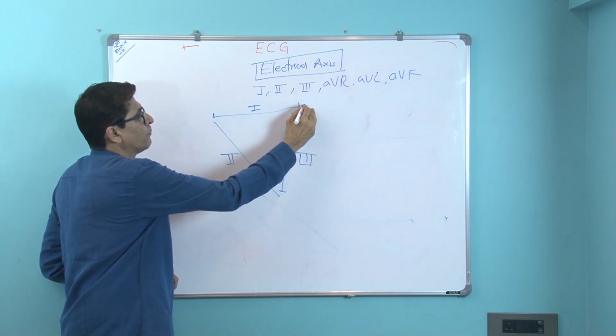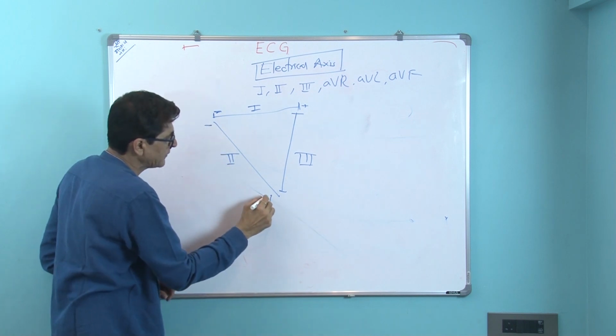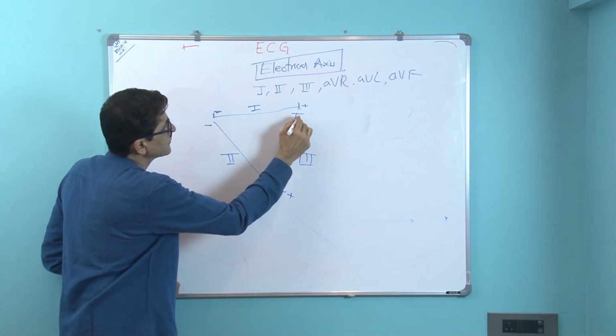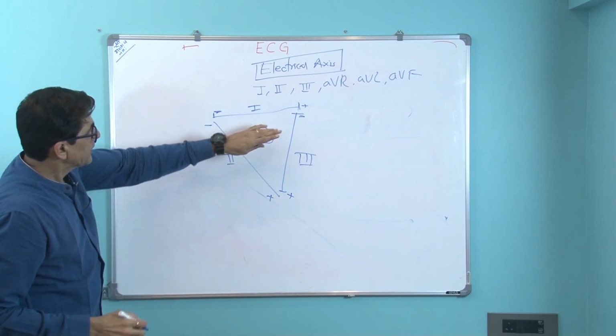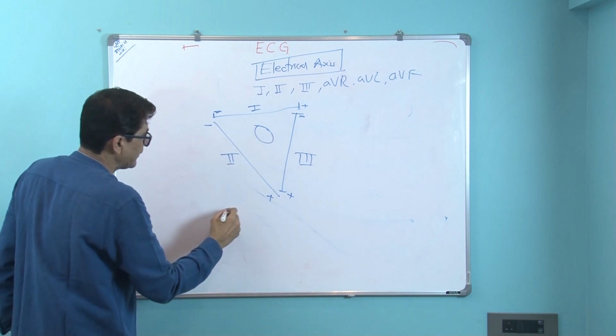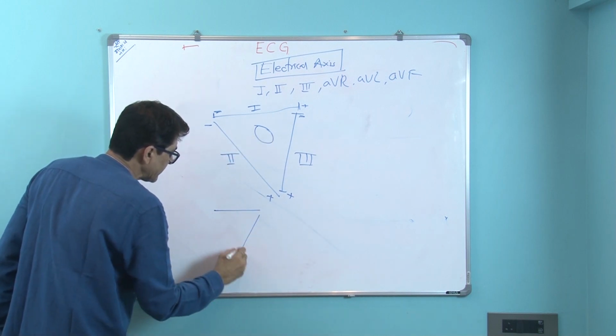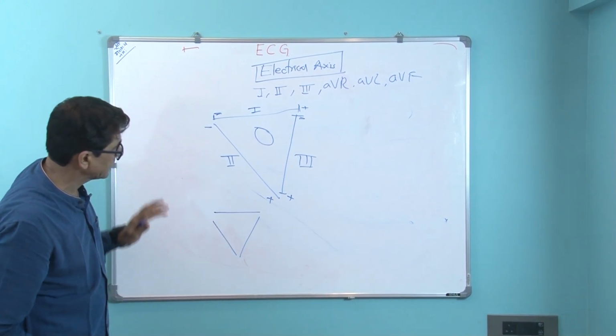This is positive pole, here a negative pole, here a negative pole, this is positive pole, this is positive pole, this is negative pole. Heart is in the center. Now this triangle, I may not have drawn it perfectly, but this is an equilateral triangle. So the angle is 60, 60, 60.